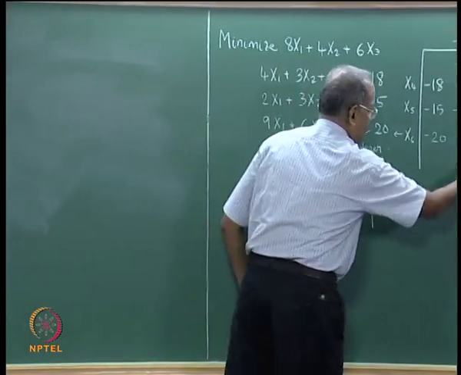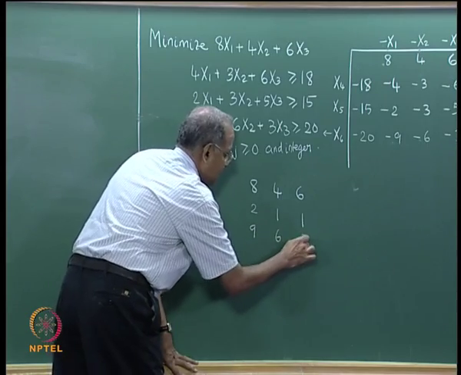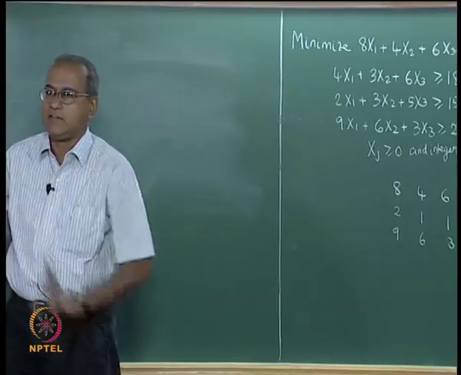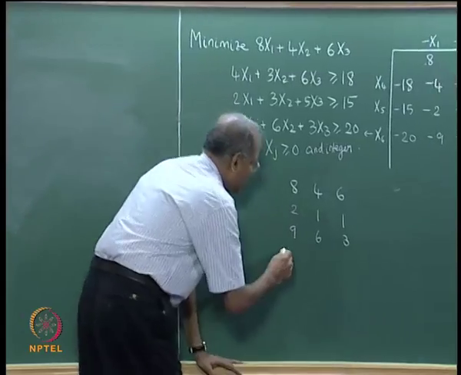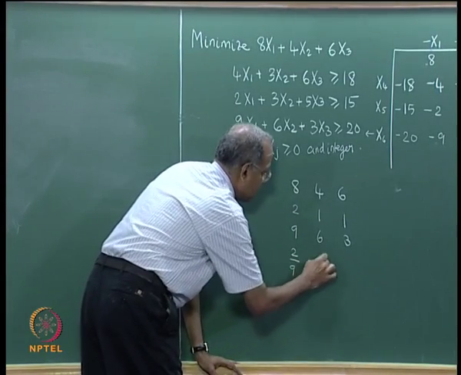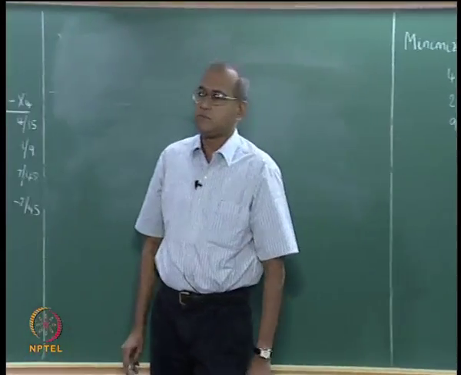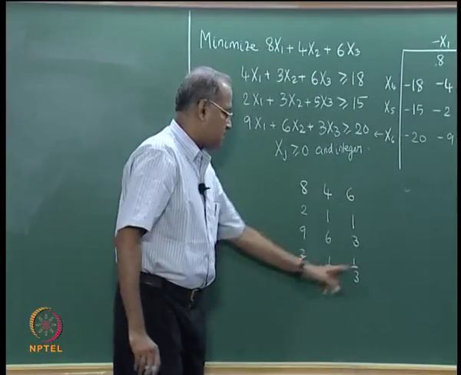Now write the corresponding numbers here with a positive sign: 9, 6 and 3. Remember we have considered only those that are negative. Now divide them to get 2 by 9, 1 by 6, 1 by 3 and take the minimum of these. So 1 by 6 is smaller than 1 by 3.